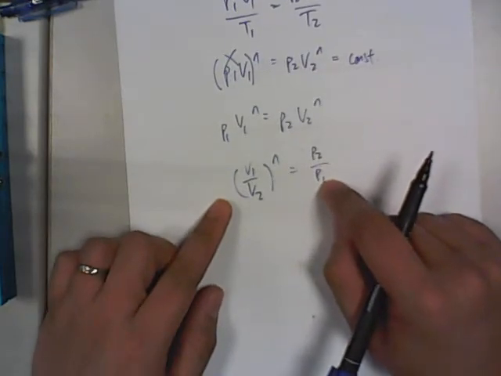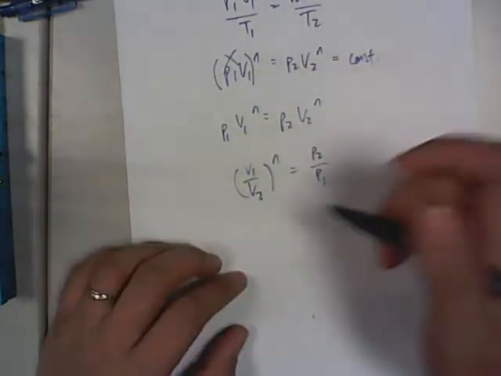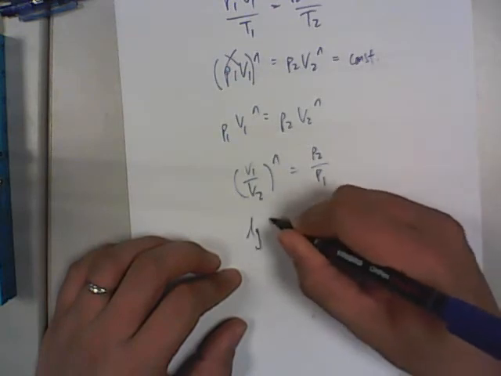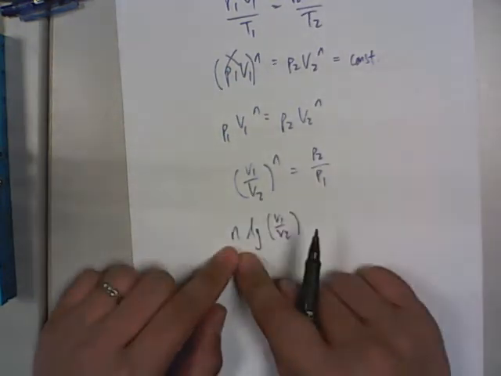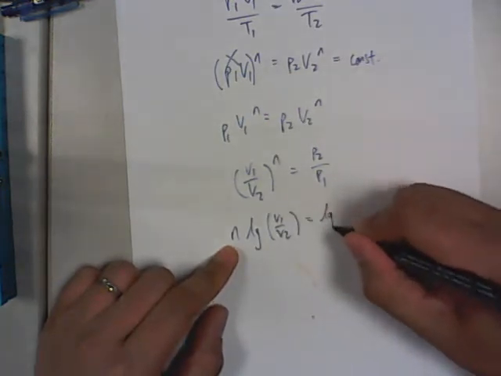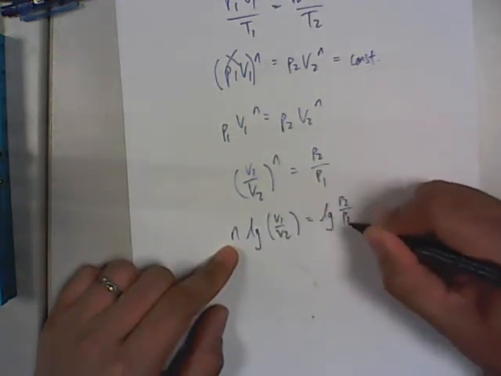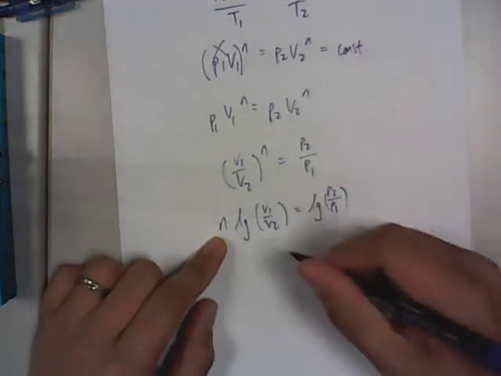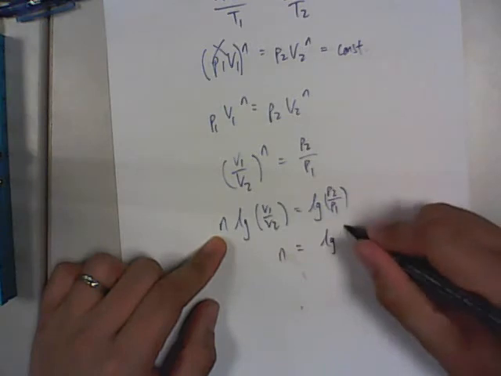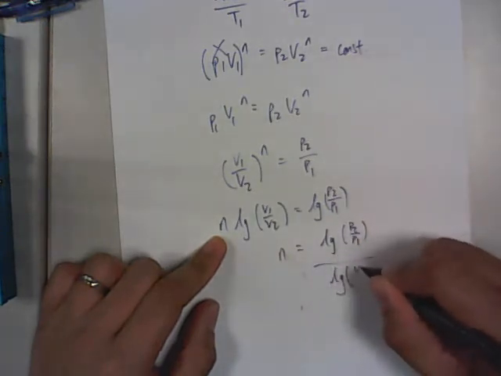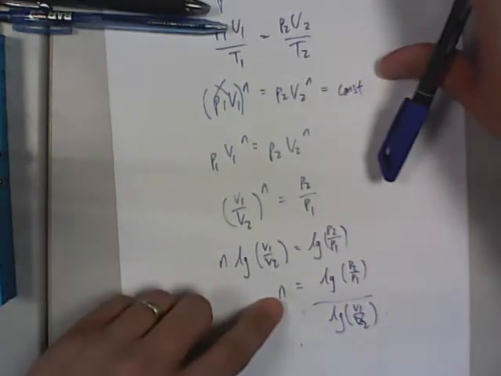It can be base 10 log, Lg, or it can be natural log, Ln, up to you. If we do this, your n is now able to come down here, and your other side will be like this, and you will then be able to find n by bringing this term to the right hand side. So this is how you find the polytropic index.